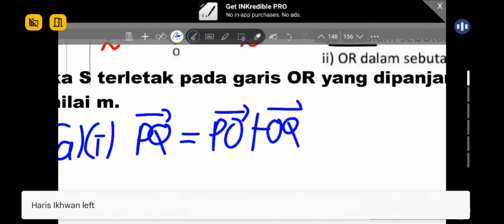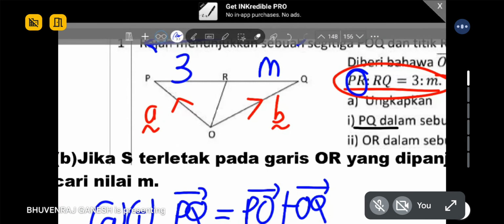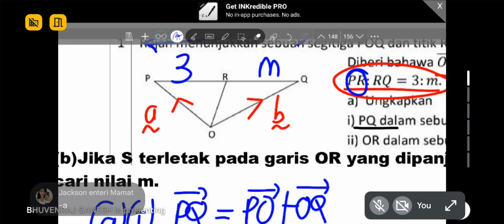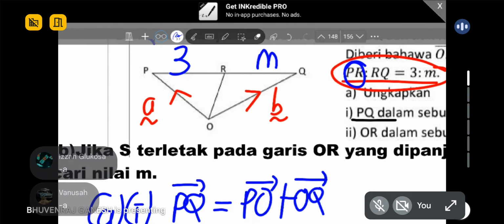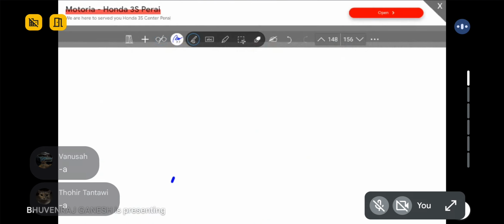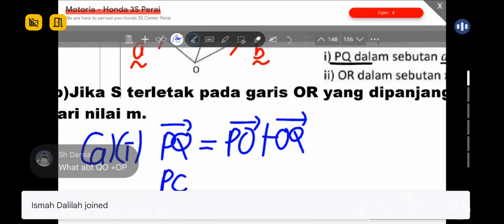So can you all tell me what is PO, guys? Over here, based on the question. PO sama dengan apa? PO, what do you get? Okay, you should get negative A. Very good. So PQ is actually equal to negative A plus OQ.